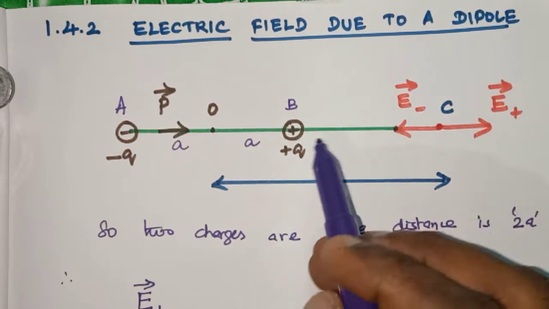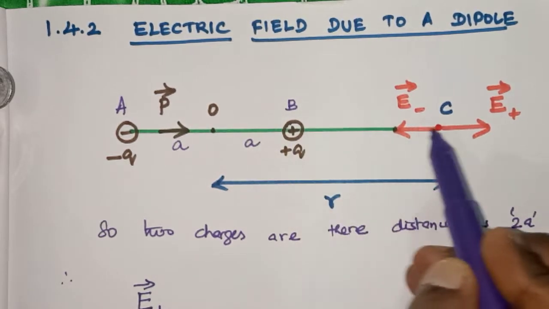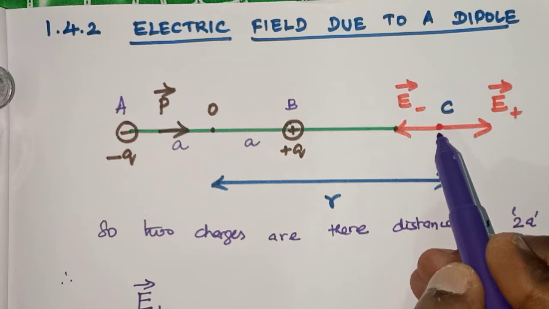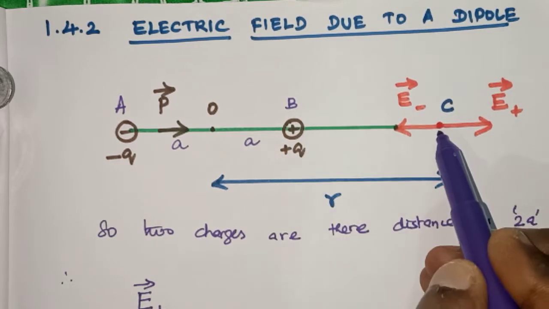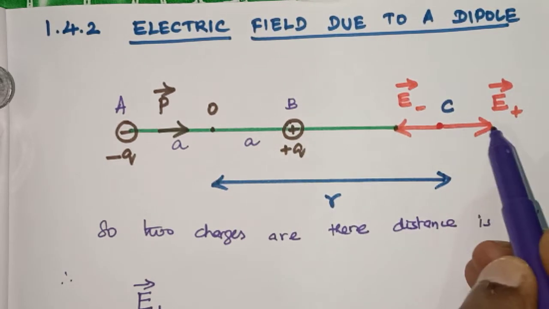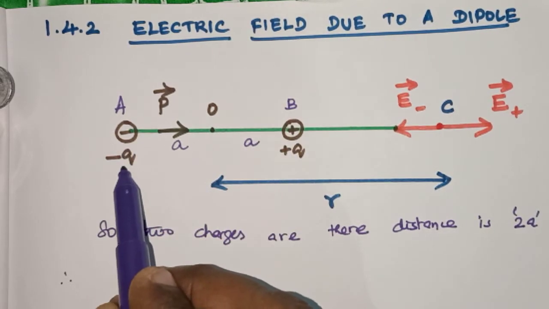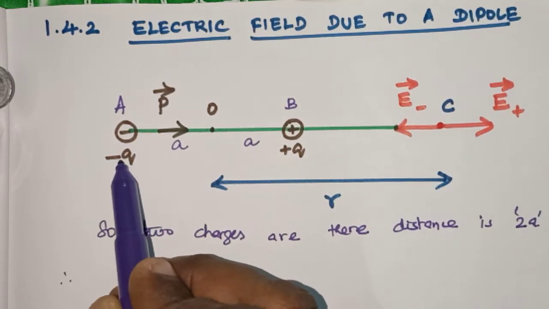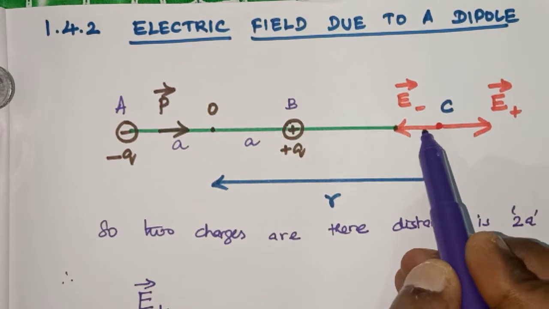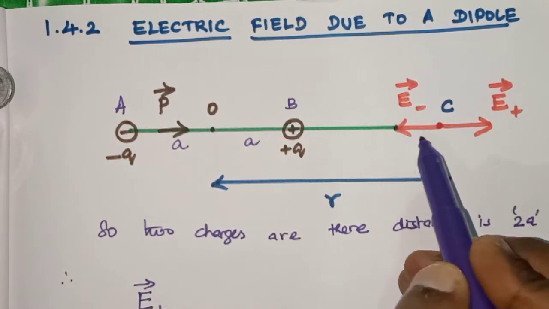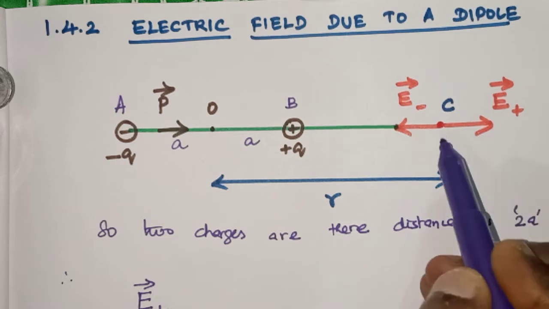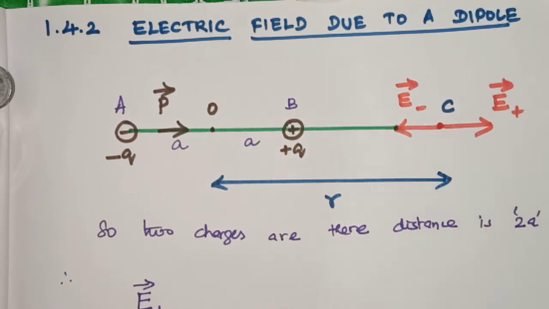This is the positive charge, so E vector plus is acting in this direction. Here this is the negative charge, so the field direction is this direction. This is a repulsion direction, this is an attraction direction.